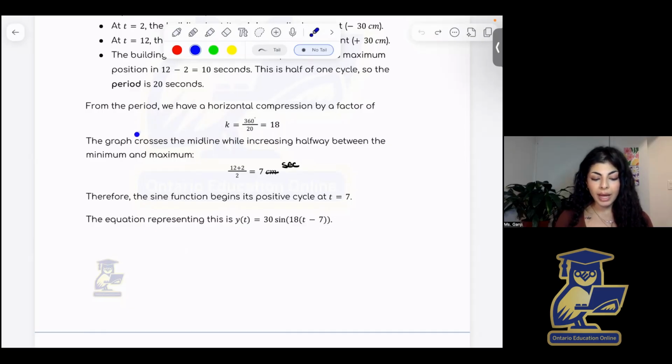Now, we also find that the graph will cross the midline, or the equation of the axis, when it's increasing, halfway between the minimum and the maximum. And this happens at the average of those two times, the 2 seconds and the 12 seconds, so at 7 seconds.